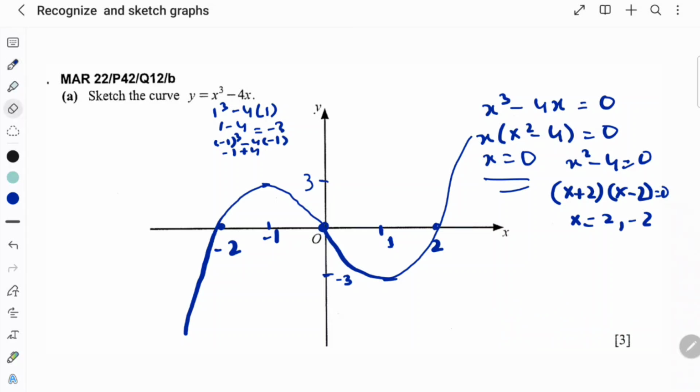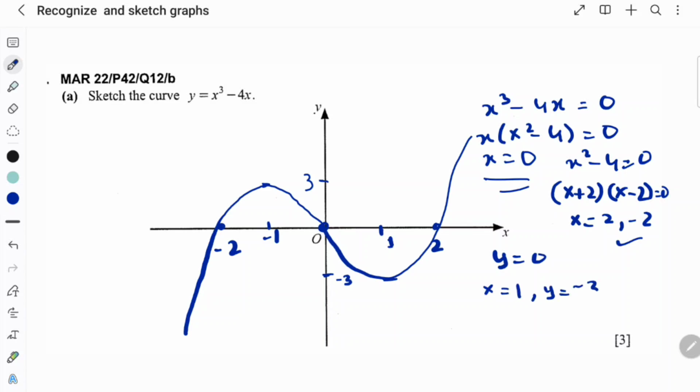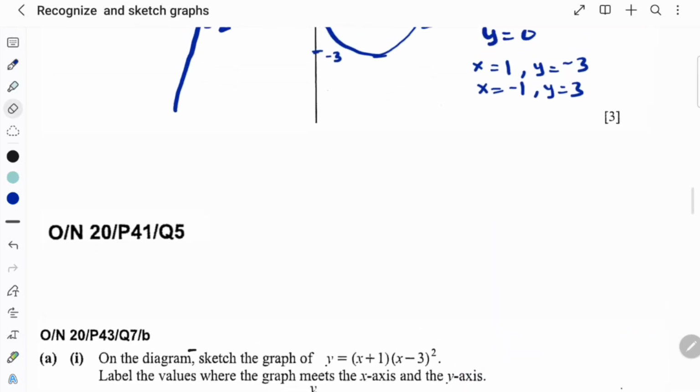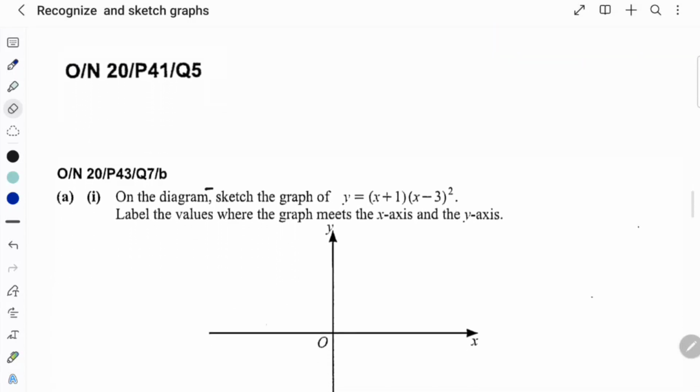So for getting 3 marks, do the correct sketch, write down the values of x, write down y equals 0, and at x equals 1, y is minus 3, and at x equals minus 1, y equals positive 3, and everything you have shown.